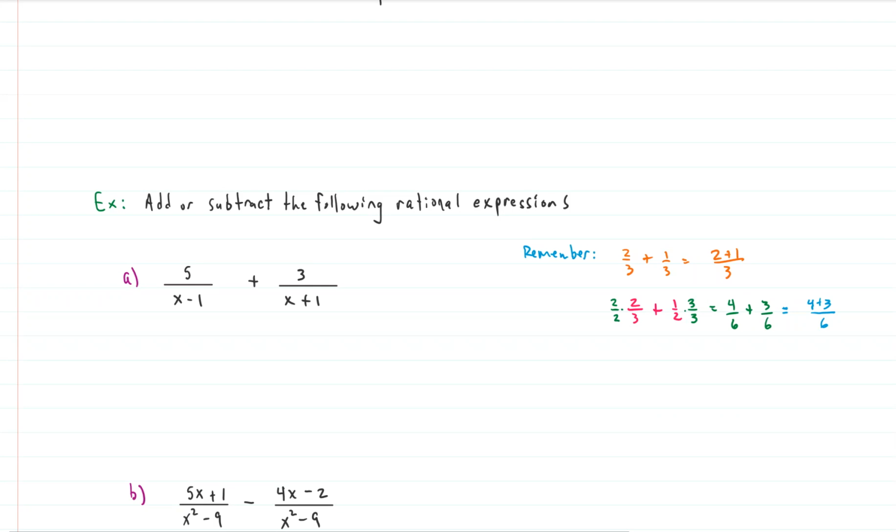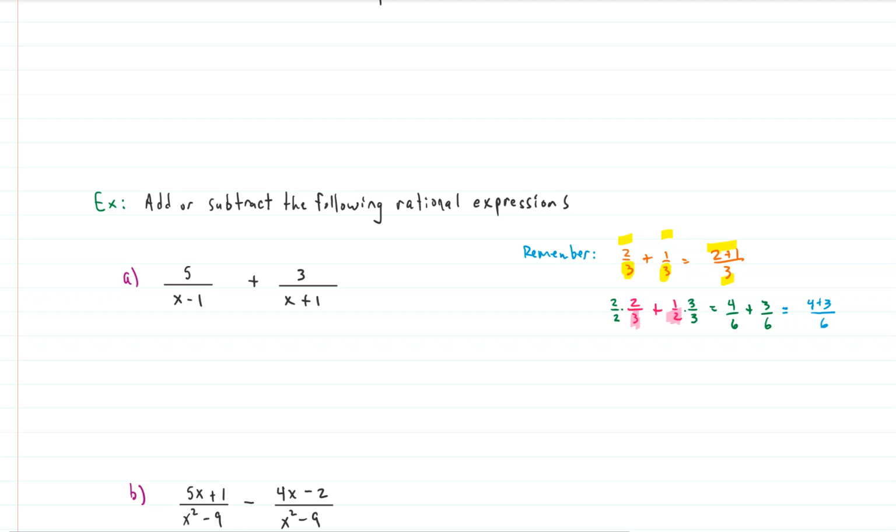So if you add 2/3 and 1/3, notice they have the same denominator, 3, so we can just add the tops. So we add 2 plus 1, and it's all over that same 3, which gives us 3 over 3. But if we happen to be adding two things that don't have the same denominator, like 2/3 and 1/2, one has a 3 and one has a 2 in the denominator, then we have to get a common denominator, right?